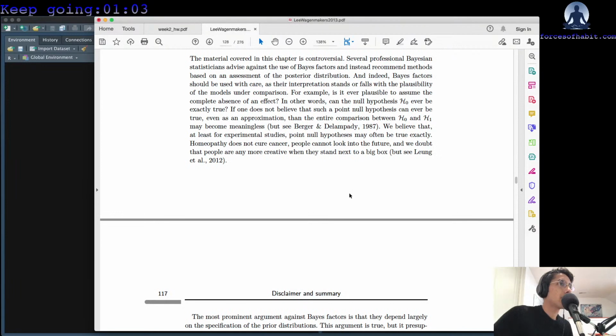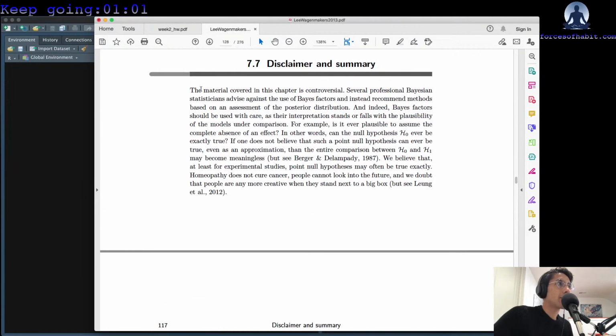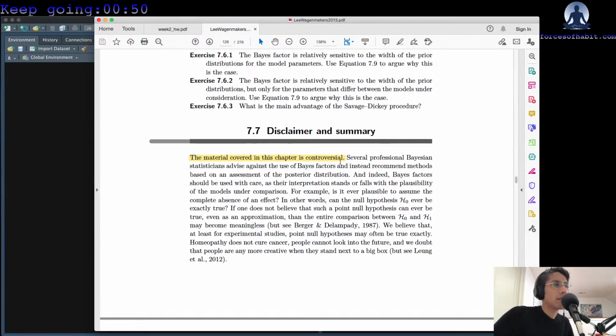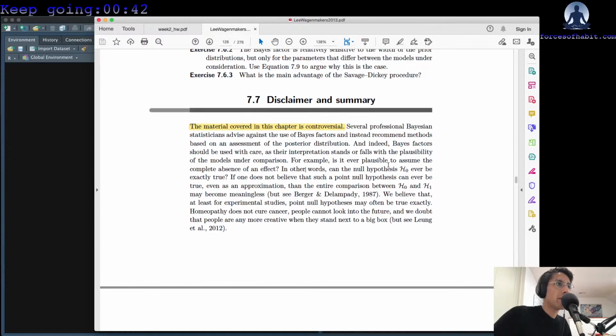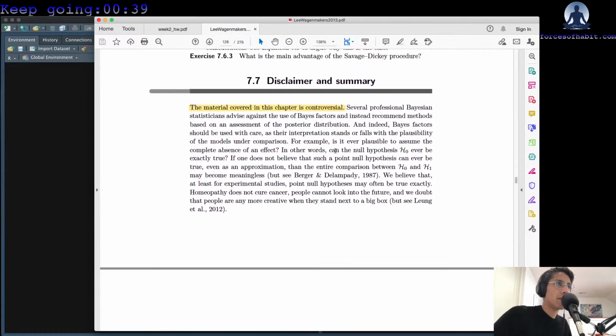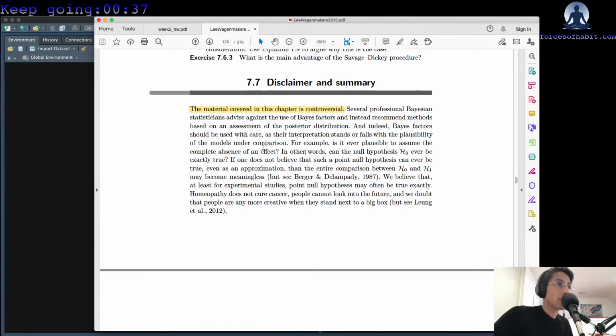That's it. And it's important to note that this is controversial. Model comparisons or hypothesis testing in a Bayesian framework is a still developing field, and statisticians specifically are disagreeing about how to use this stuff or how it gets applied.